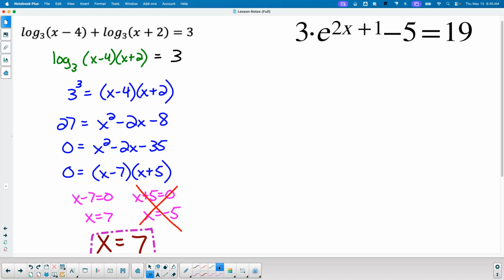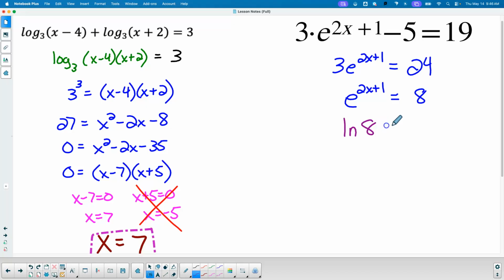Add 5 first. Divide by 3. Switch forms. Subtract 1.